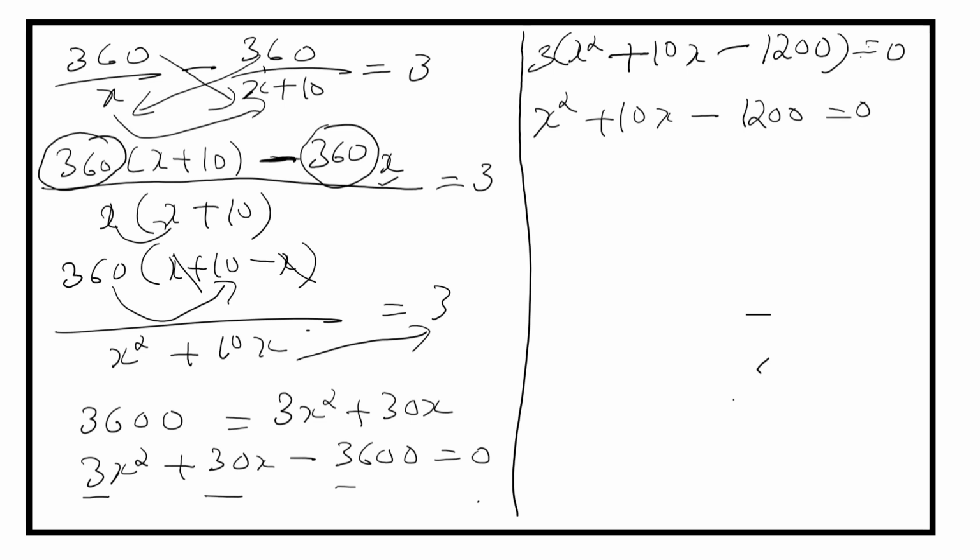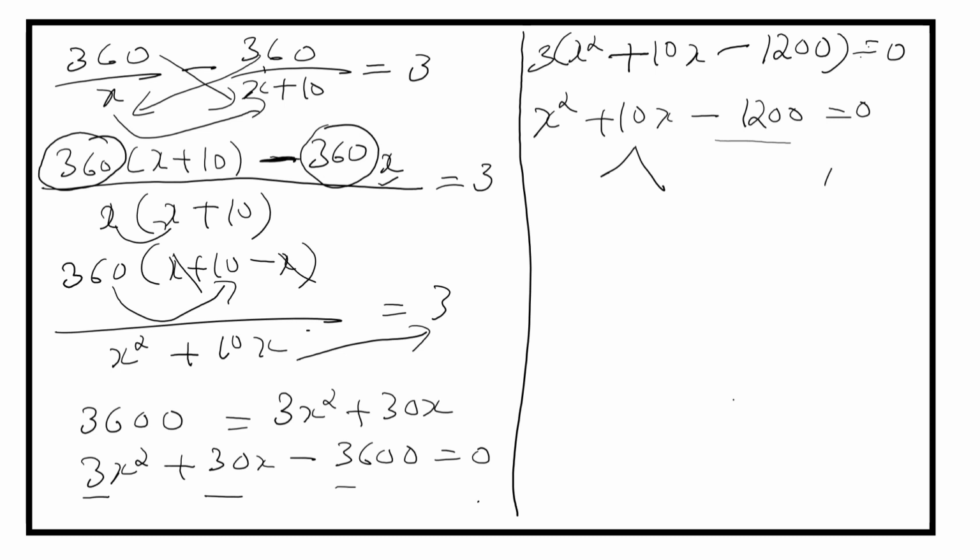Now you can find the value of x either by factorization or by using the formula, anything. Now let us factorize. We have to find two numbers in such a way that if we multiply them, we get minus 1200. If we add them, we have to get 10.